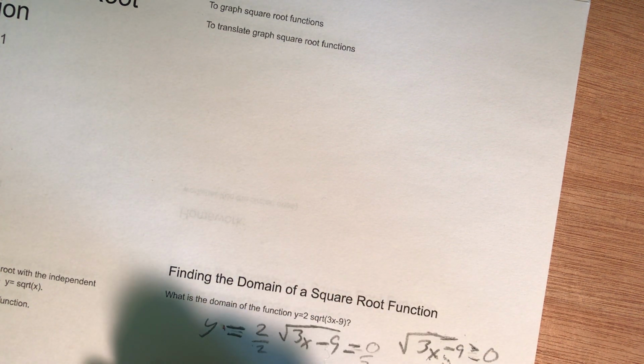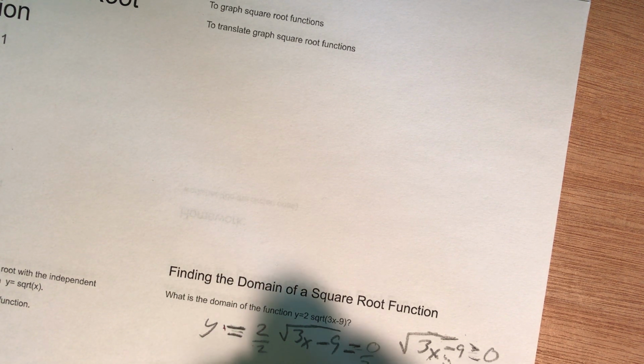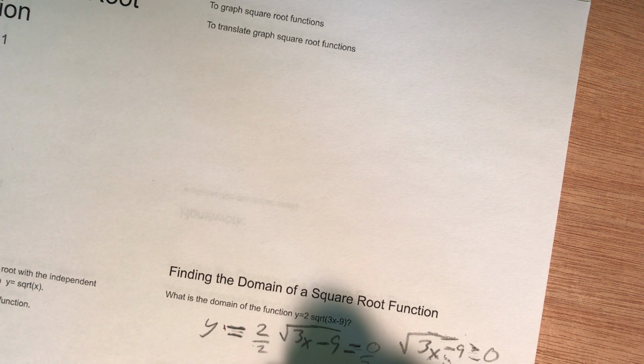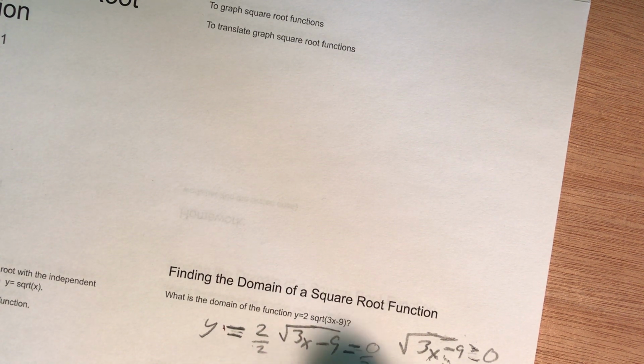Okay, this one you have y equals square root of negative 2x plus 5. This is all in the radicand. Once again, this has got to be greater than or equal to 0. Square both sides, and you end up with negative 2x plus 5 is greater than or equal to 0.